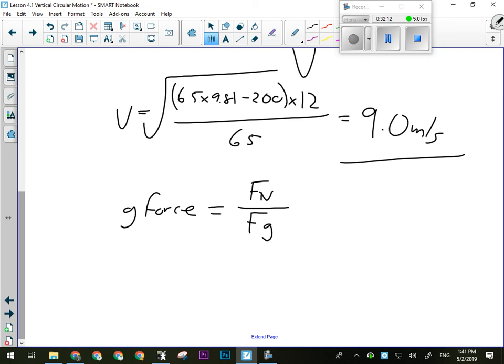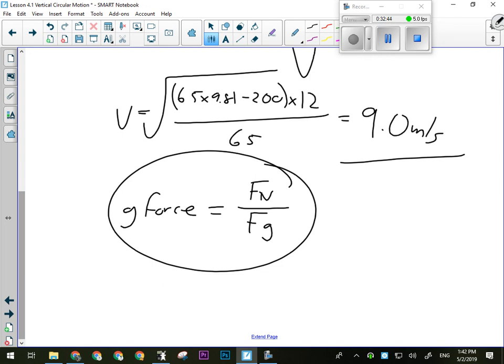So if you're pulling 2 G's, you feel 2 times heavier than normal, meaning Fn, your apparent weight, is 2 times greater than your actual weight. Anytime you see G-force, this is how it's calculated: normal force divided by the force of gravity. I don't use that term very often in problem solving, but it does come up occasionally, so just be ready for it. G-force is just the ratio between normal force, your apparent weight, and your real weight.